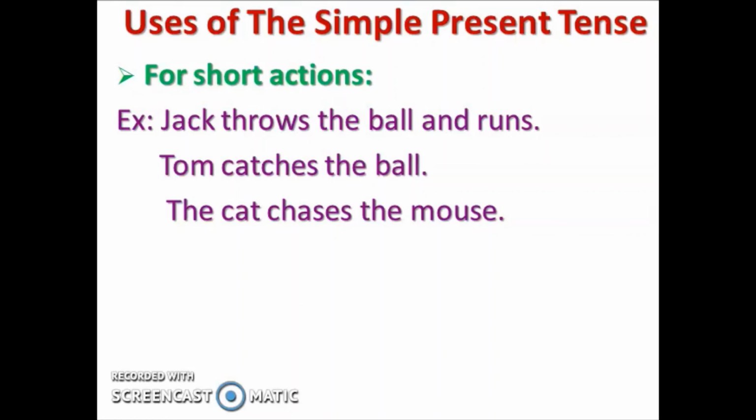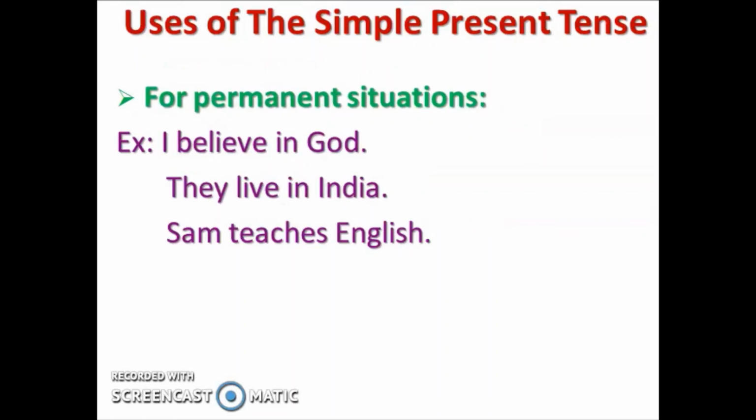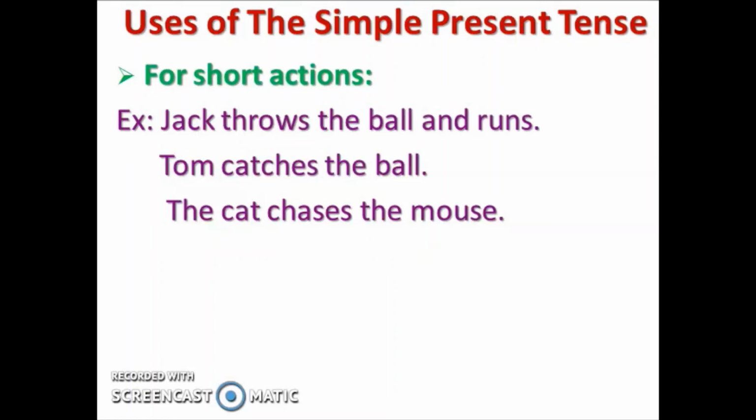And the uses of the simple present tense are basically in these 4 important categories. 1. For regular activities. 2. For universal truths. 3. For permanent actions. 4. And finally, for even short actions.